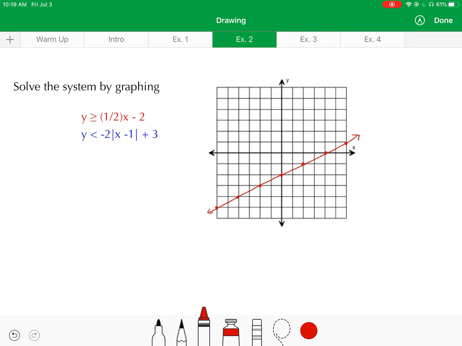All right, plugging in the origin for x and for y will give me 0 is greater than or equal to -2, which is true. So I'm shading this half plane.